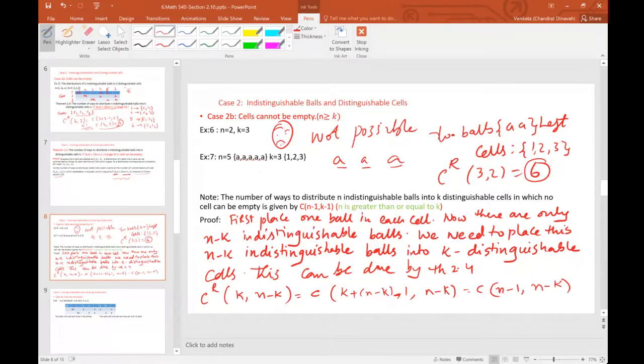But if you remember, I don't know how many of you remember this result, maybe I will write it here. C(n, r) is equal to C(n, n minus r), which we had seen in permutations and combinations. So this is exactly the same as C(n minus 1, (n minus 1) minus (n minus k)). Here n is n minus 1, r is n minus k.